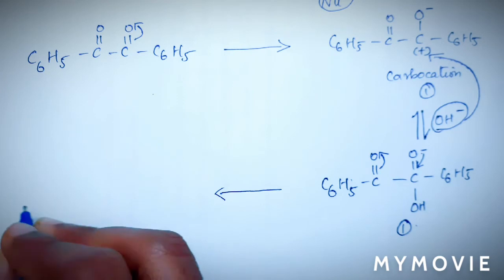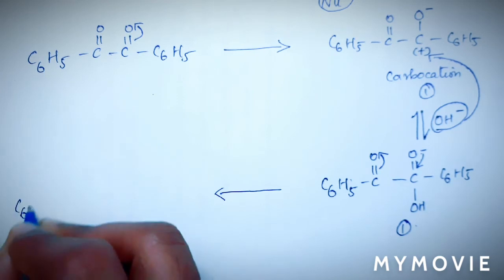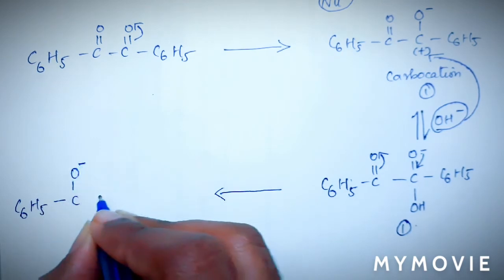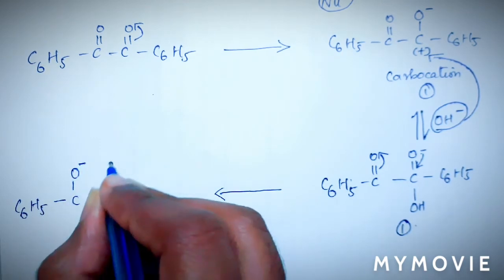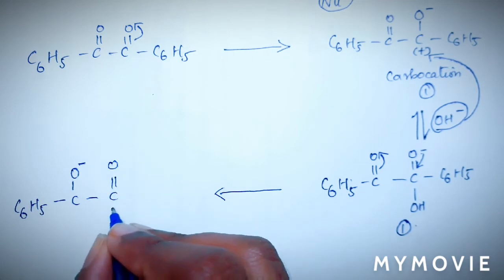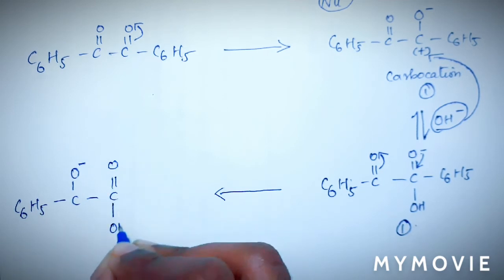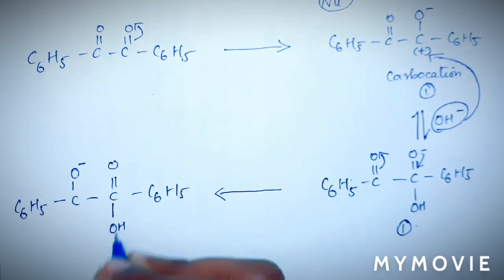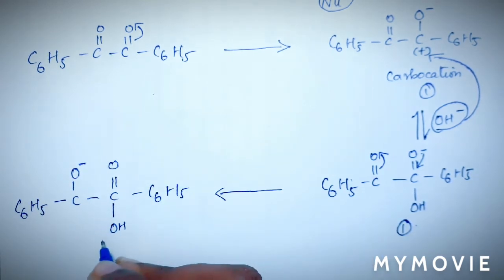So the intermediate product that you get is C6H5, C O minus, C double bond O, because the double bond is formed because of the shifting of the negative charge, and it is attached to OH, and then C6H5. This is the intermediate product. I am naming it as Roman numeral 1.